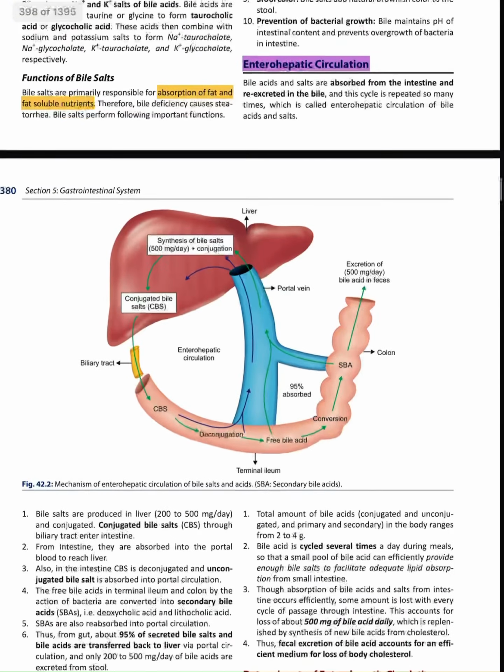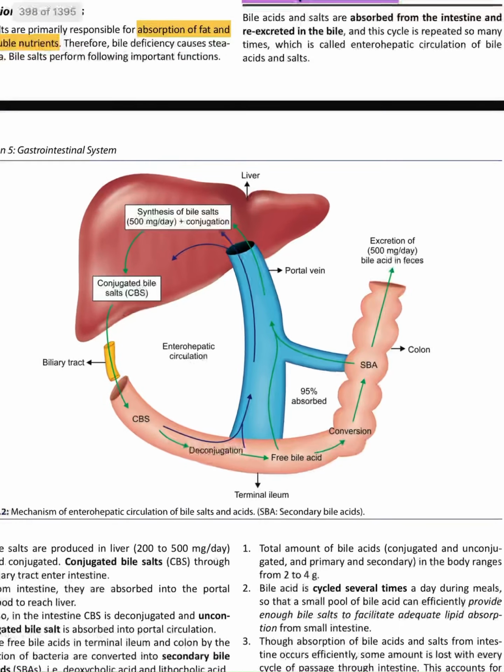Look at the figure. Synthesis of bile salt, 500 mg per day, plus conjugation. It conjugates to form conjugated bile salts, which go through the biliary tract and reach the intestine. Conjugated bile salt is deconjugated in the distal ileum, the terminal ileum.